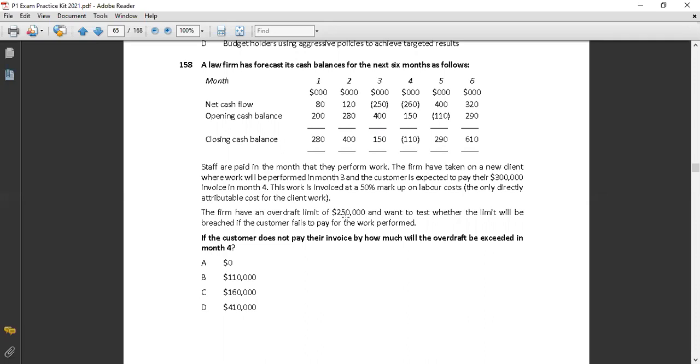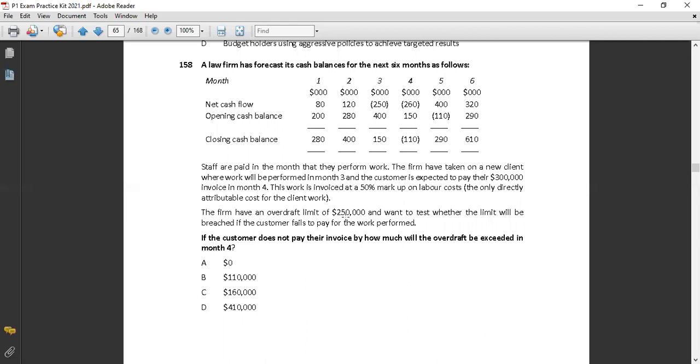Staff are paid in the month that they perform work. The firm have taken on a new client where work will be performed in month 3, and the customer is expected to pay their 300,000 invoice in month 4. This work is invoiced at 50% markup on labor cost, the only directly attributable cost for the client work.